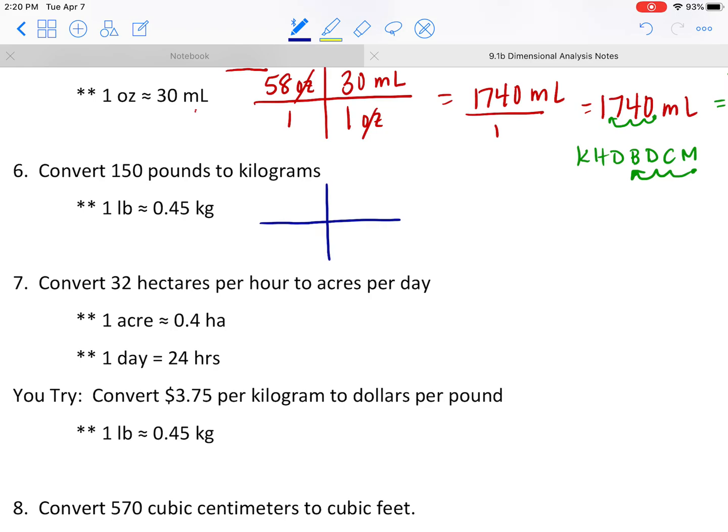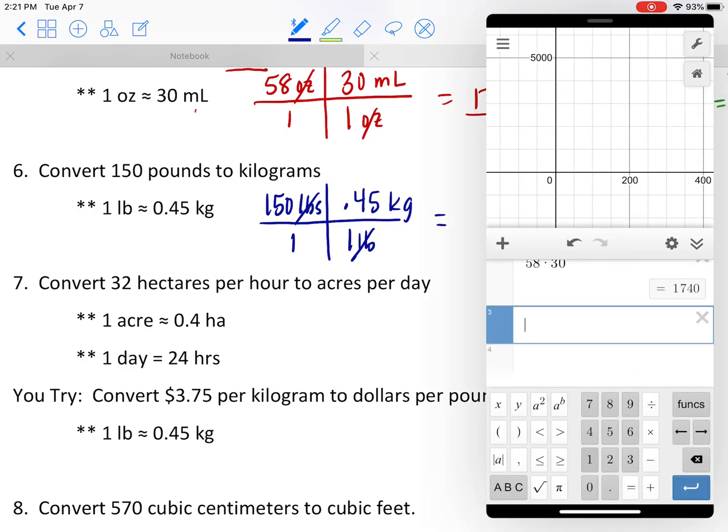Let's see, pounds to kilograms. This is kind of a useful one, 150 pounds. Before I started teaching this stuff, I had no concept of how pounds and kilograms compared, but basically 1 kilogram is about 2 pounds. It's close to that. So we're starting with 150 pounds over 1, that's all I have, and I'm trying to get to kilograms. I know that 1 pound is approximately 0.45 kilograms.